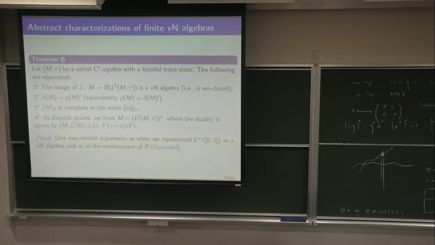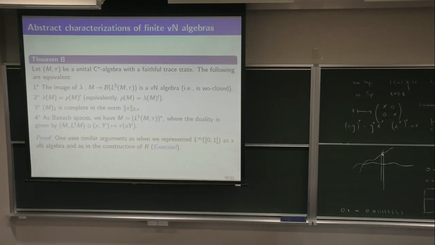Remember, this tau is a trace and it's faithful. This is a von Neumann algebra, so in other words, it's WO closed, or if you prefer, SO closed. Two: lambda of M is the commutant of rho of M. So the left multiplication by M is the commutant of the right multiplication. By the way, that's equivalent to doing it the other way around.